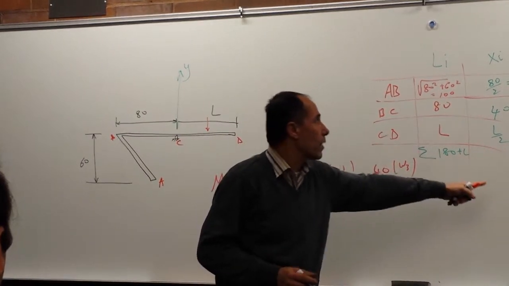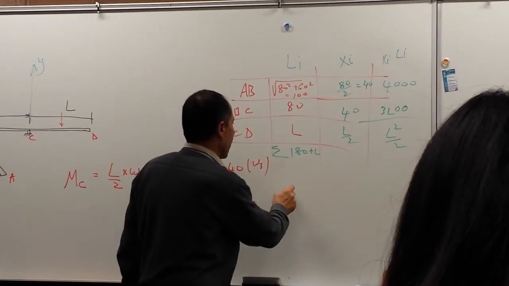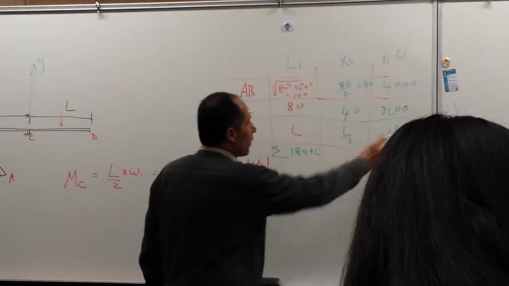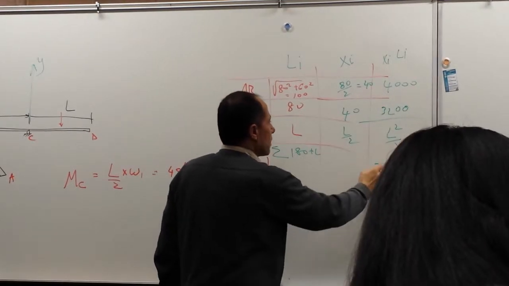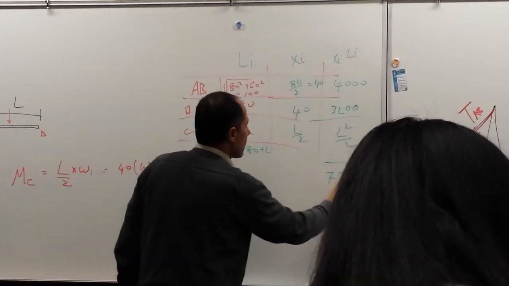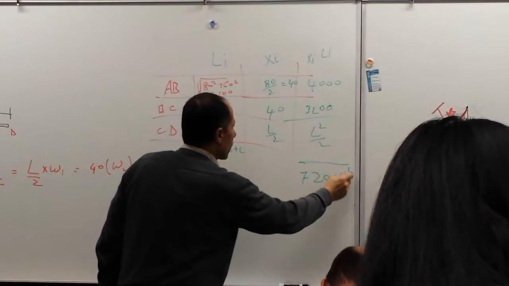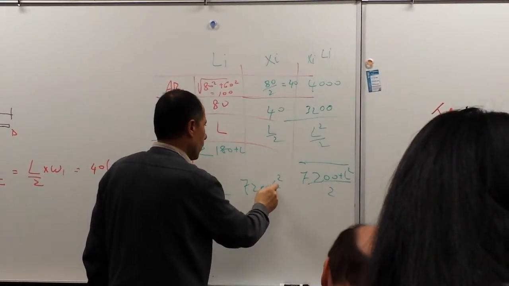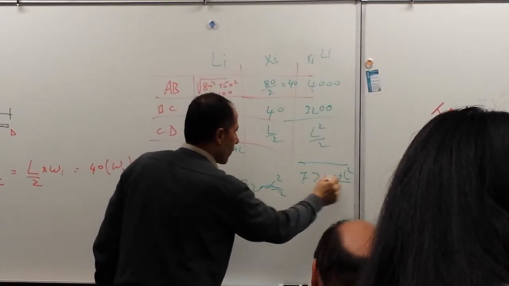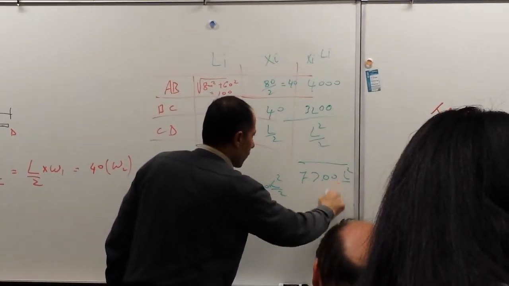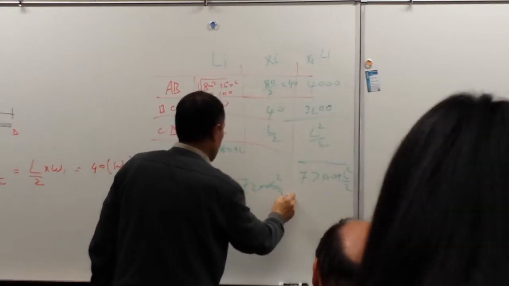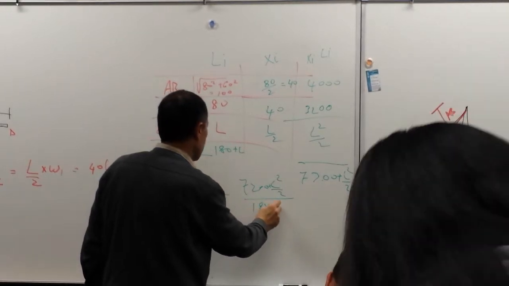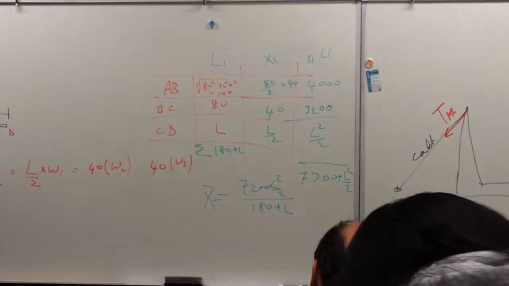If you want to go with this, so x bar is going to be this number here, 7200 plus L squared over 2, all over 180 plus L. Okay?